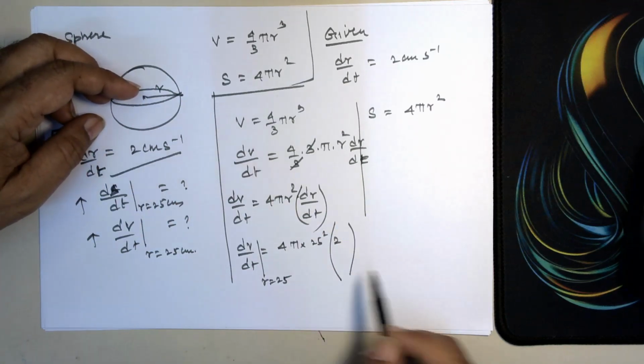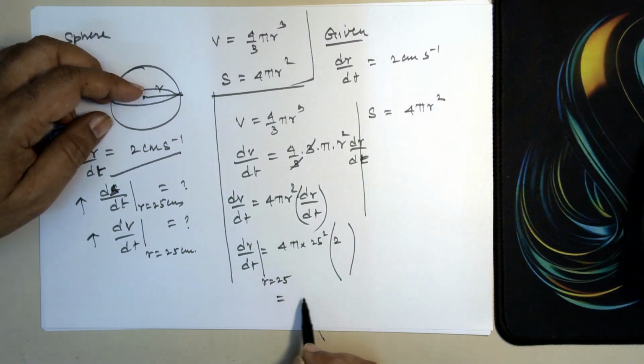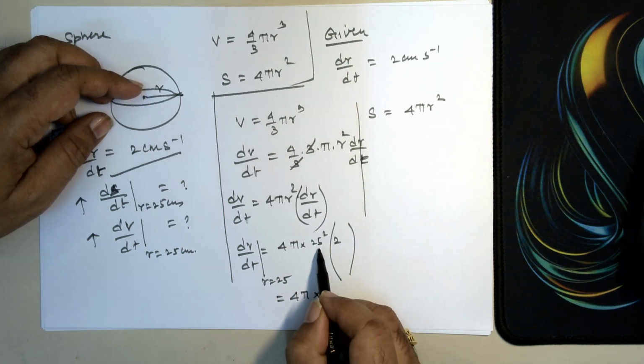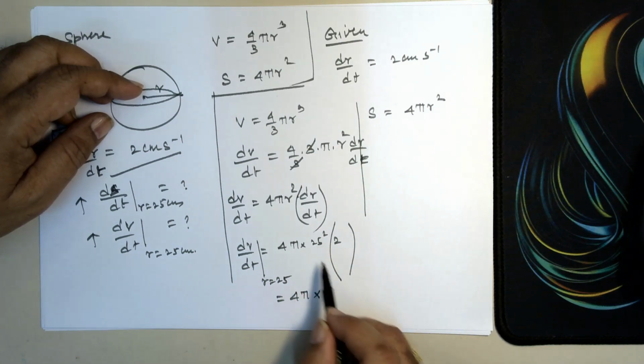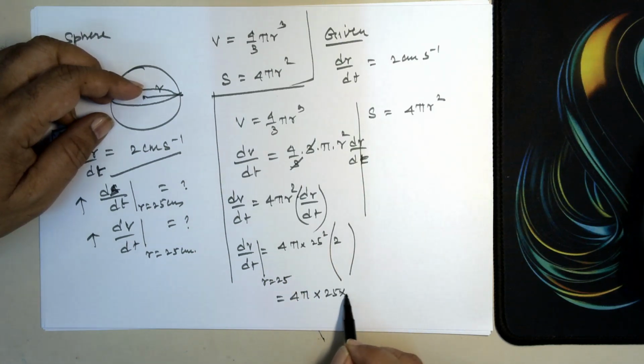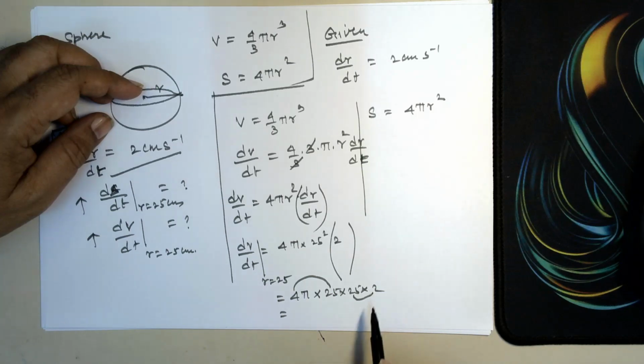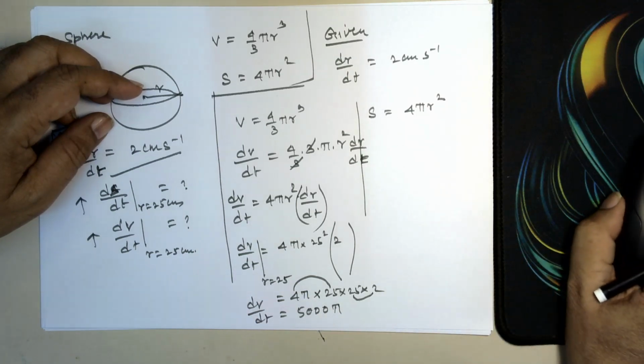So it means 4 pi into 25 squared, 25 squared means 625. Otherwise you will do 25 into 25, into 2. So 4 into 25, 100. 25 into 2, 50. So 50 into 100, 5,000 pi. So this is dV by dt.